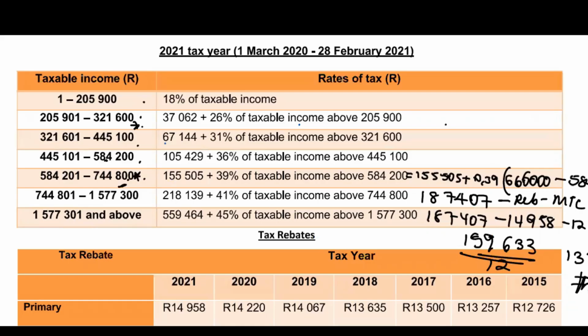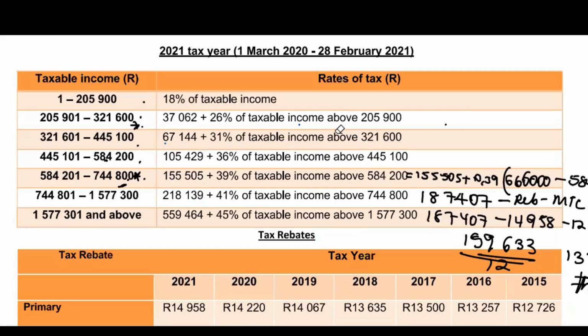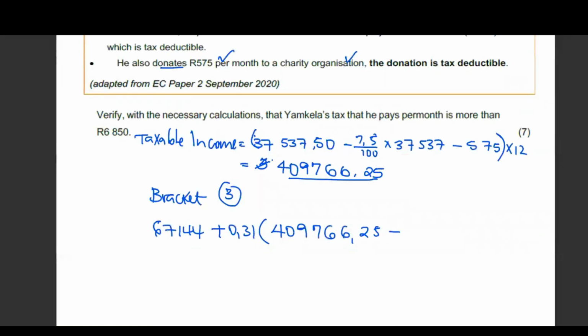Bracket number 3 says you take 67,144 plus 31% of the amount above 321,600. So it's the taxable income minus 321,600.